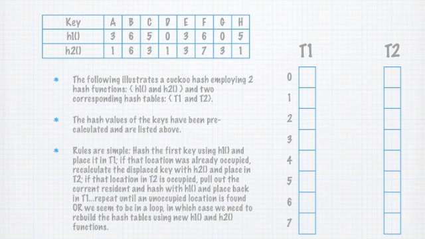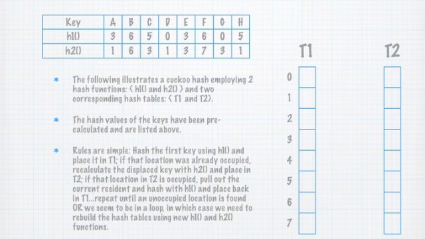For example, you take key A, and you put it in location 3 of T1. If there happened to be something there, you would push out the old occupant of location 3 of T1, recalculate it, and put it in table T2 using the second hash function.